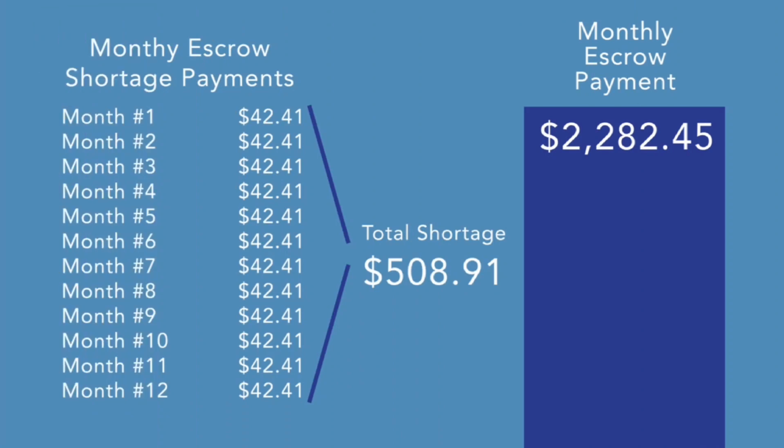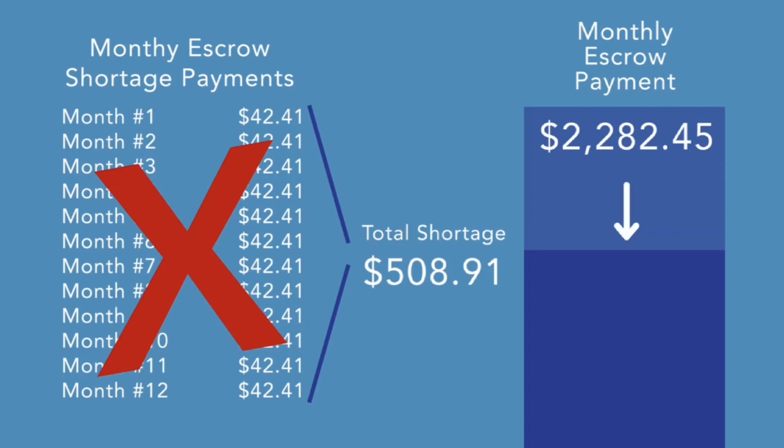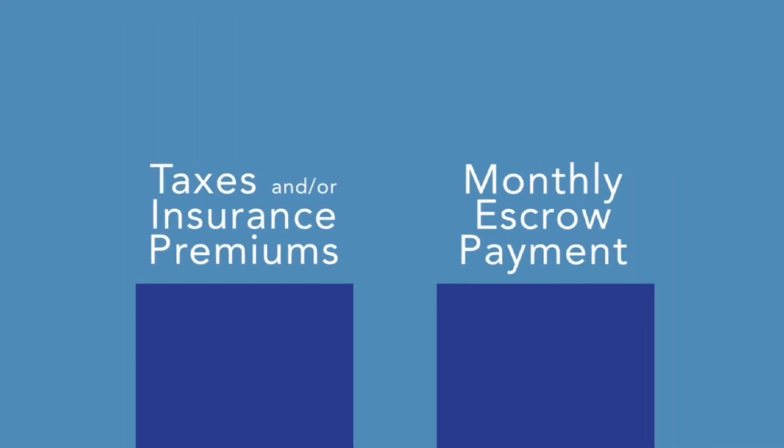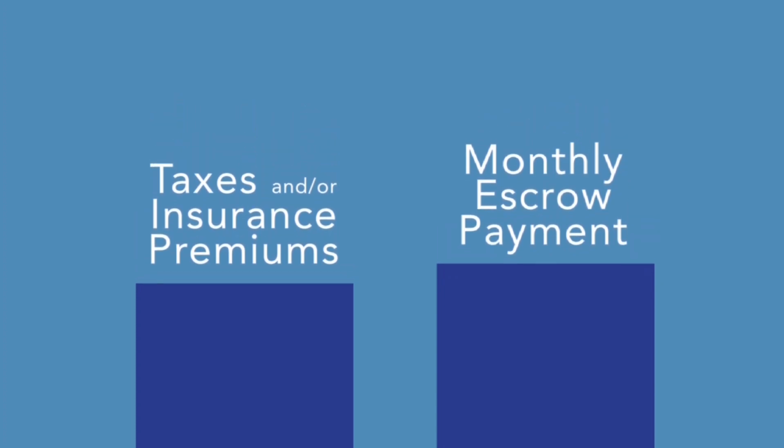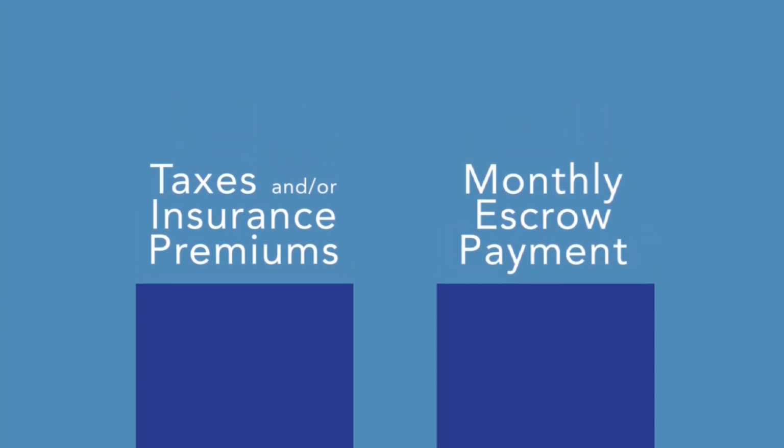Please keep in mind that a one lump sum payment will reduce your new monthly required escrow payment amount, but it will not lower the actual amount of your taxes and/or insurance premiums. Your new monthly required escrow payment most closely depends on whether your taxes and/or insurance premiums have changed.